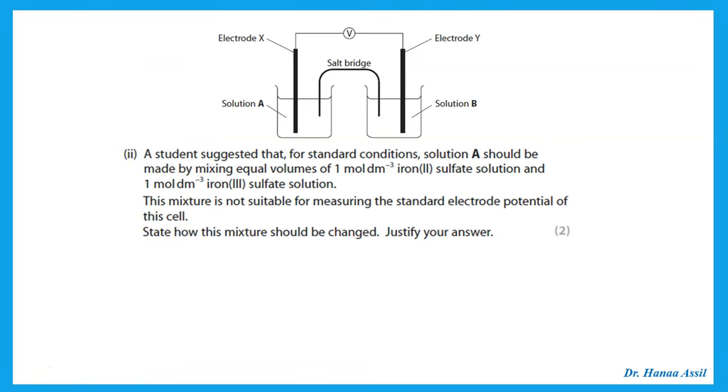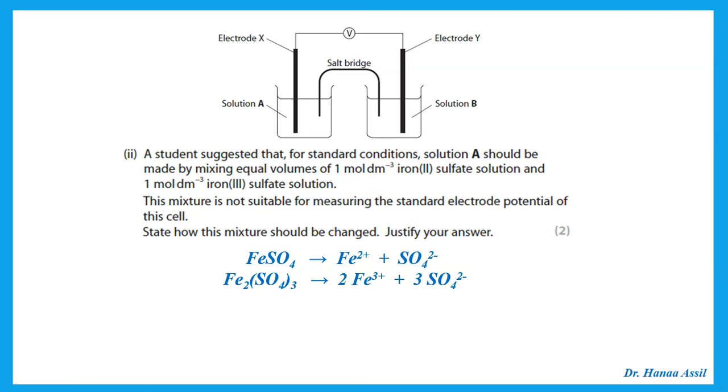This question says a student suggested that for standard conditions, solution A should be made by mixing equal volumes of 1 mole per decimeter cubed of iron 2 and 1 mole per decimeter cubed of iron 3 sulfate solutions. This is not correct. Why is this not correct?